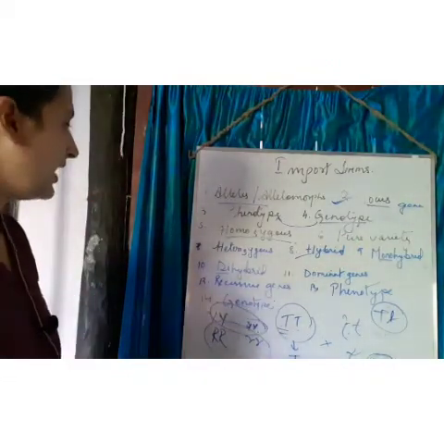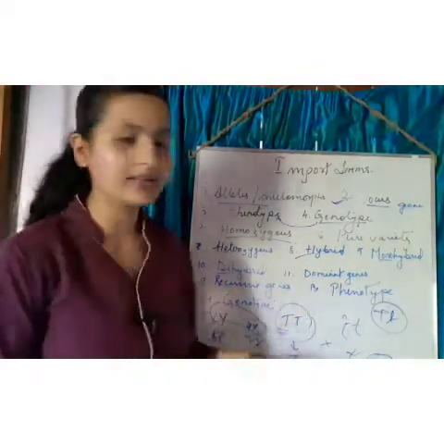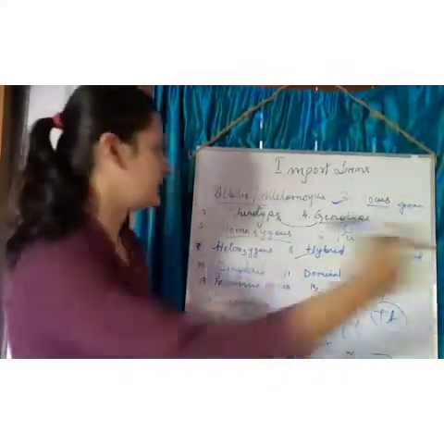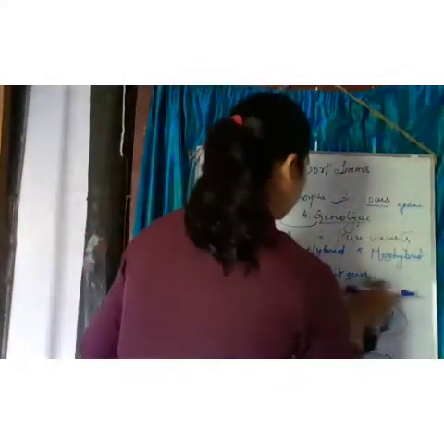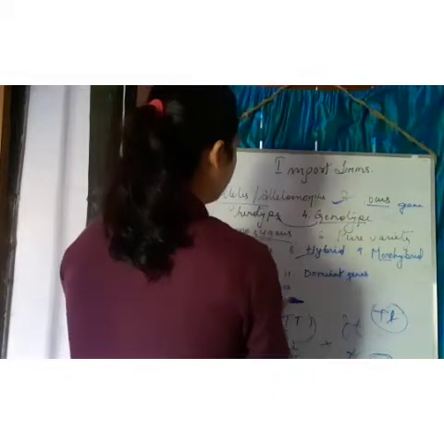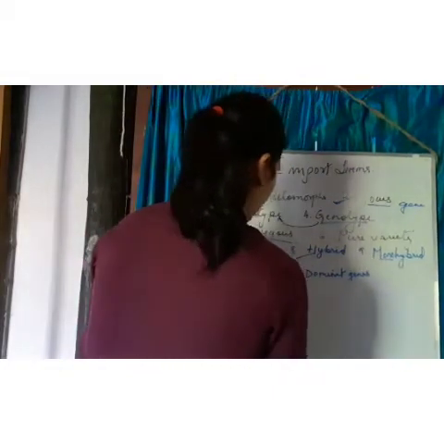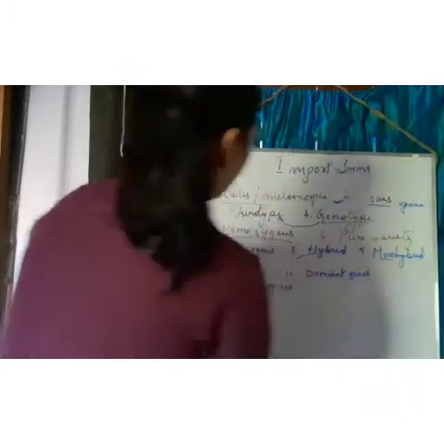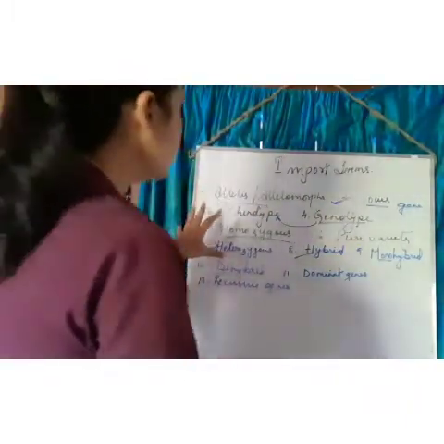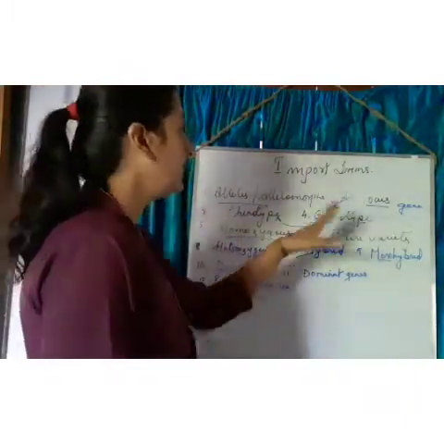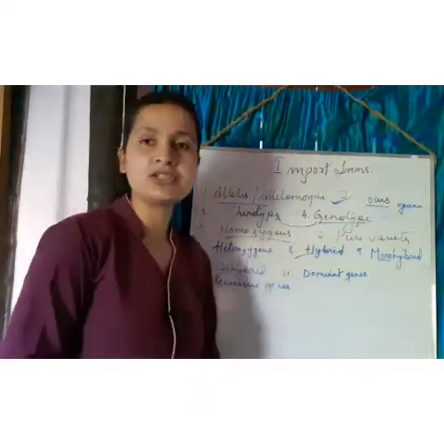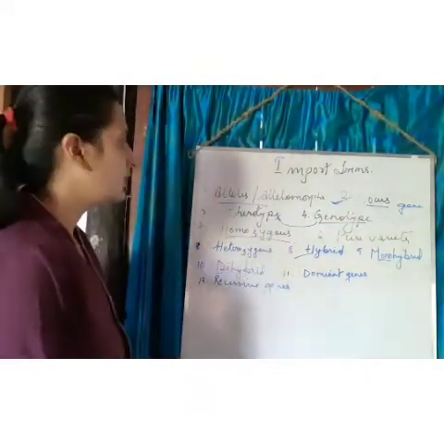Any doubt? Do you have any doubt regarding this? Okay, I have just repeated this phenotype and genotype, which I already mentioned at the top. So let me give you a quick revision on this. Alleles are a form of gene. Locus is the position on the chromosome where genes are located.